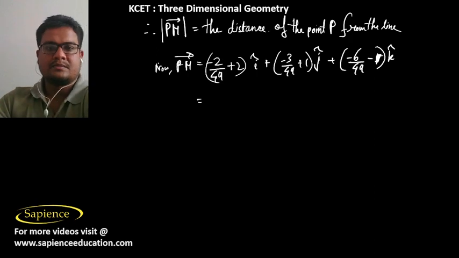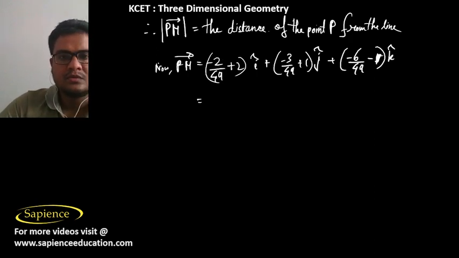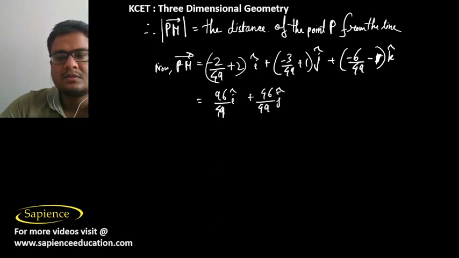So this will be 96 by 49 i cap, plus 46 by 49 j cap, and minus 55 by 49 k cap.